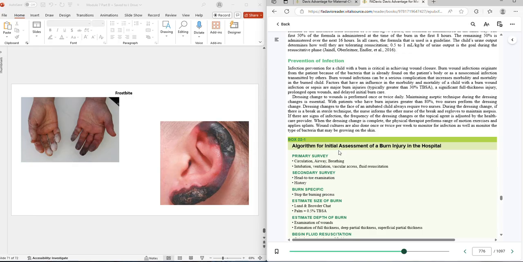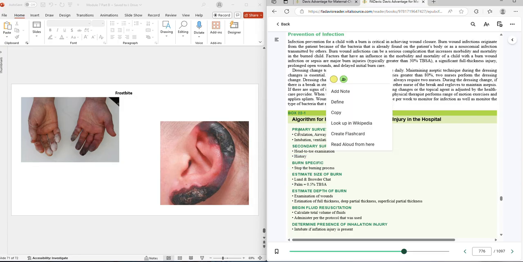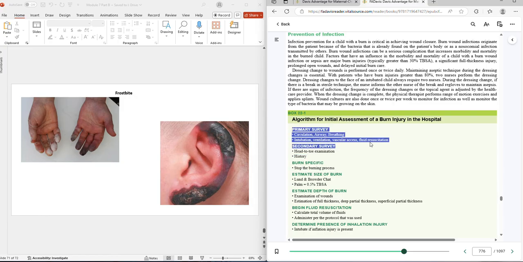Look at box 22.1. This is an algorithm for the burn injury. You need to know what to do. So first and foremost, we worry about our ABCs, right? If they inhale smoke, you're burning that lung tissue. What happens to damaged tissue from a burn?